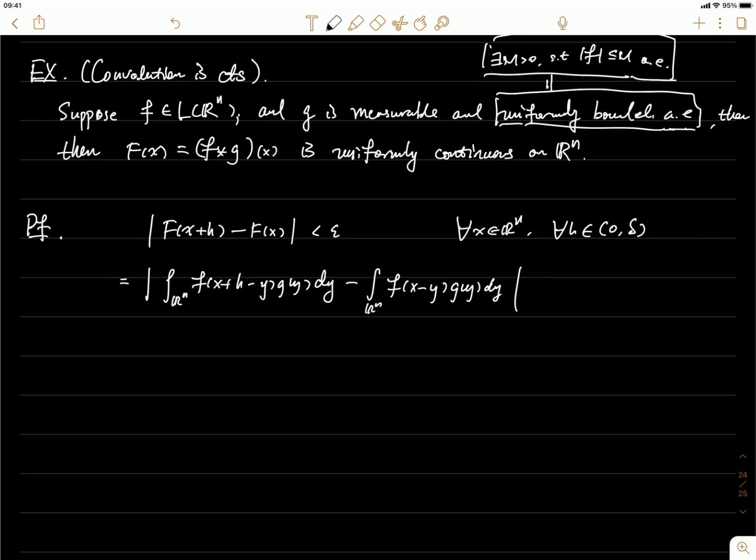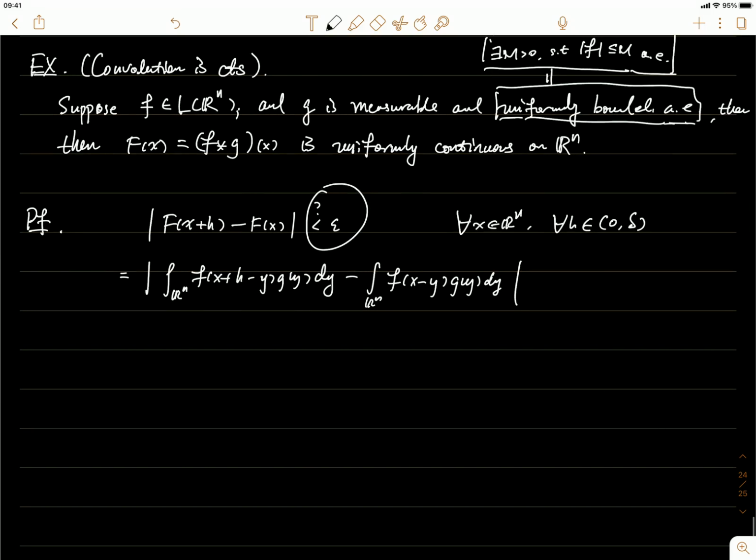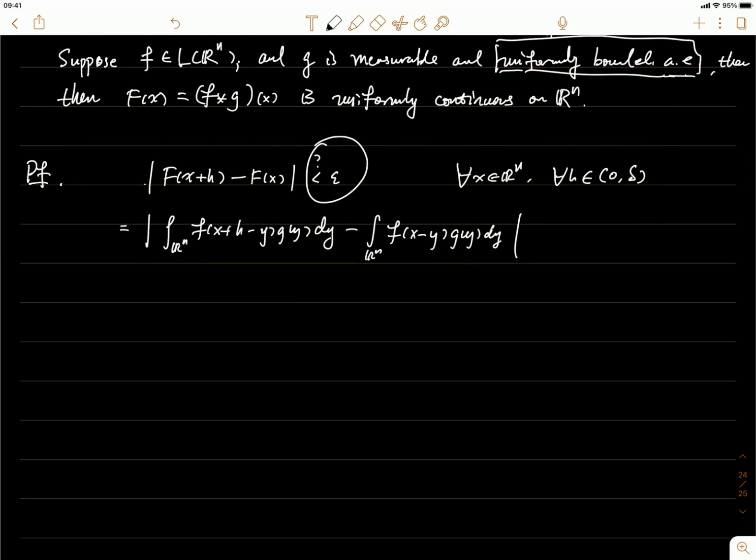And eventually we want to see if this is true. But now we see that this is just equal to the difference here, and apparently there is a common term g(y). So this is less than or equal to the integral of the absolute value of f(x+h-y) minus f(x-y), times g(y), because this is a common term.